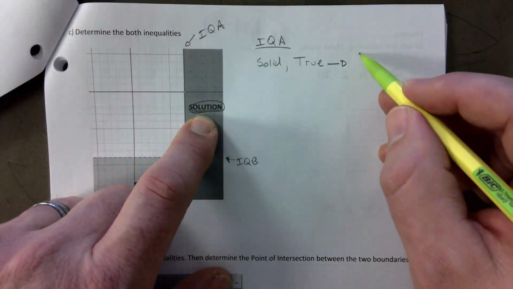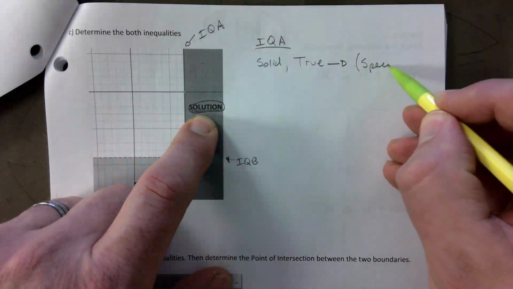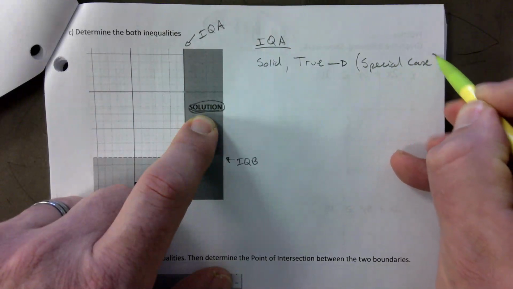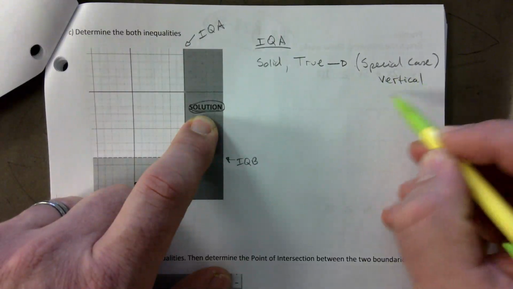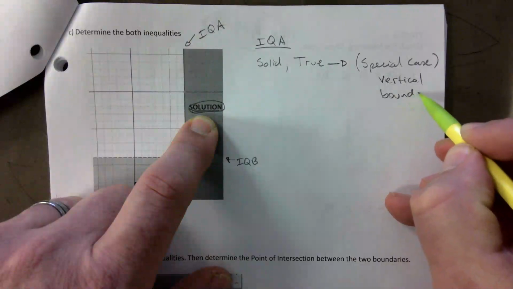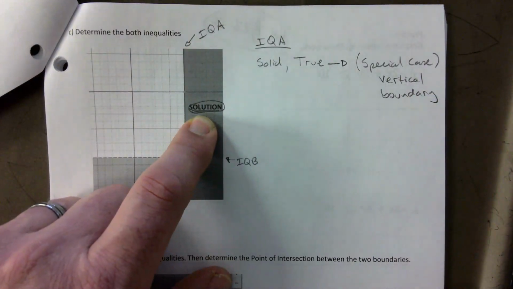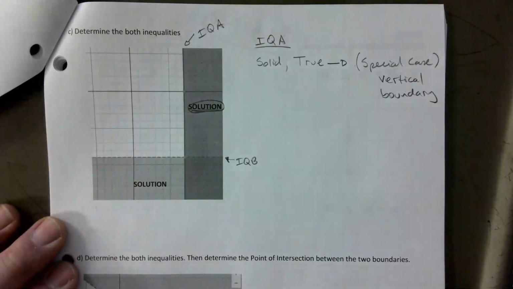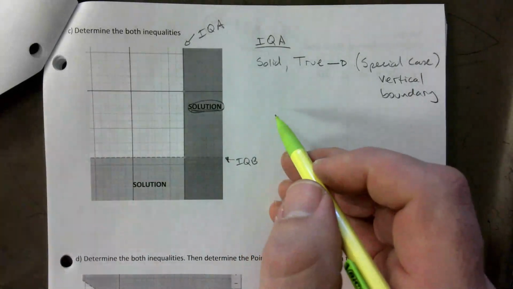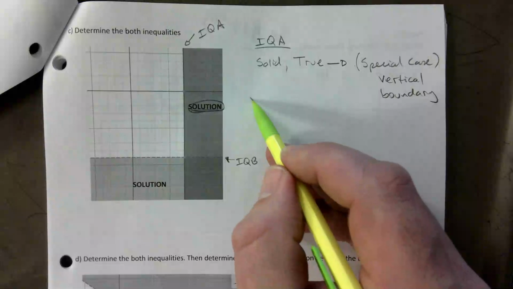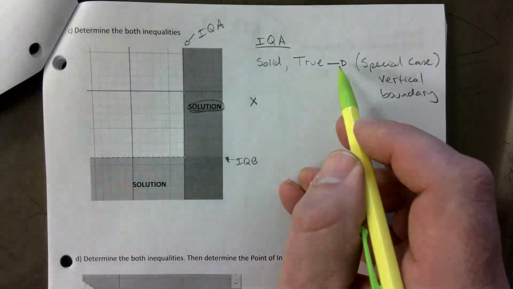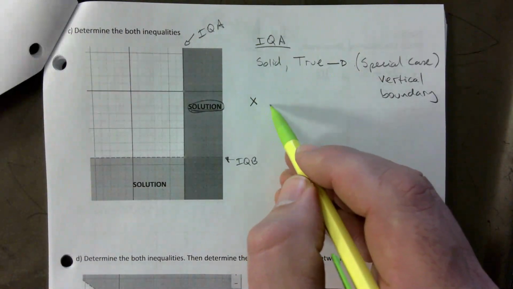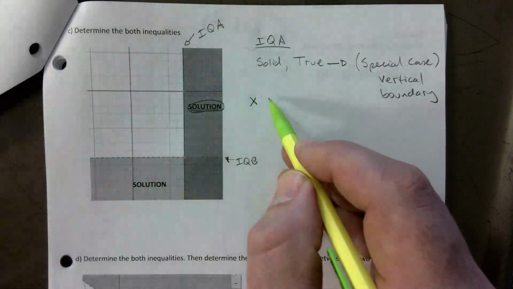I will add that this is a special case. That makes it actually very easy. It's a vertical boundary. So instead of y, you don't even bother with it, you just go x. True is to the right side. So which way is it opening? You have your study sheet.